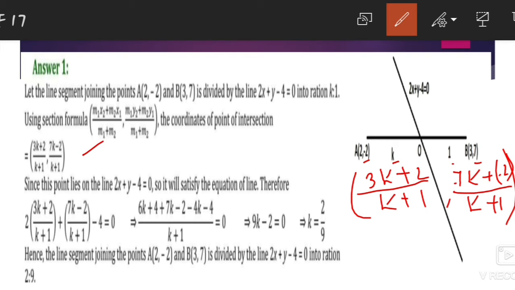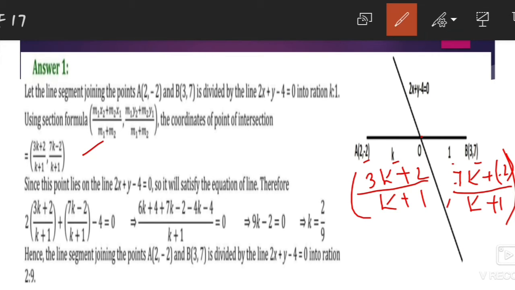Now if you look at the diagram, O point lies on the AB line and also on the line 2x plus y minus 4 equal to 0, right? So this O point must satisfy the equation.